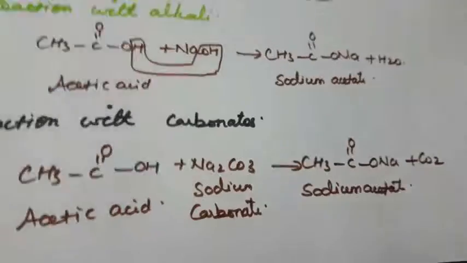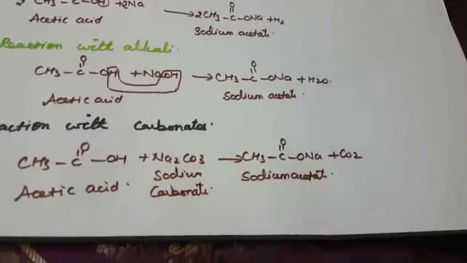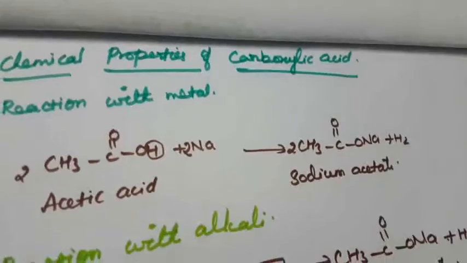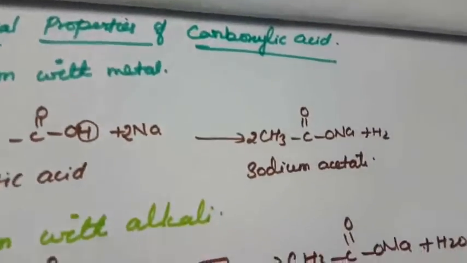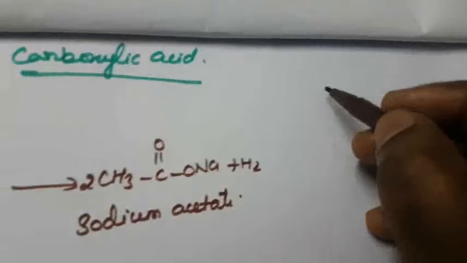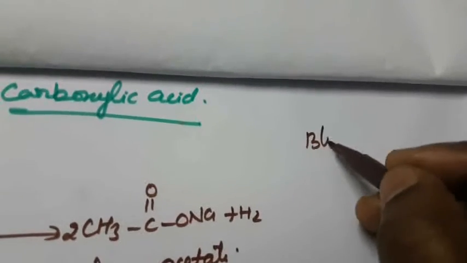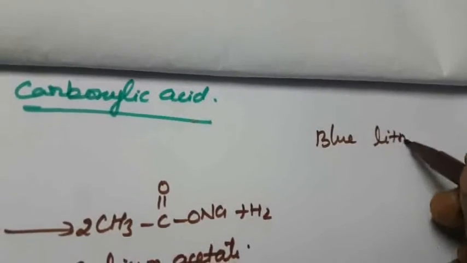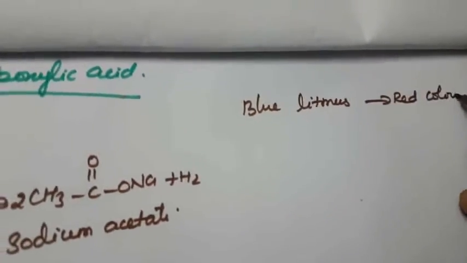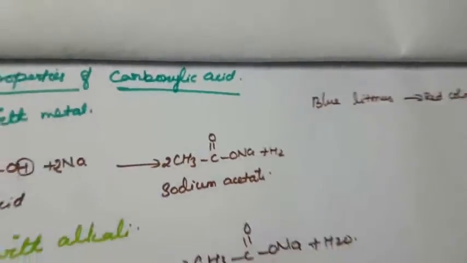So these are the reactions involving the OH bond: reaction with metal and reaction with alkali. Next, all carboxylic acids turn blue litmus paper into red color. This is another important characteristic of carboxylic acid.